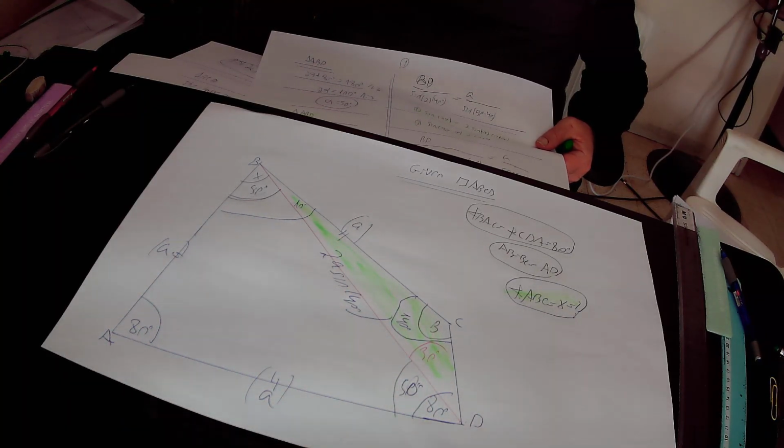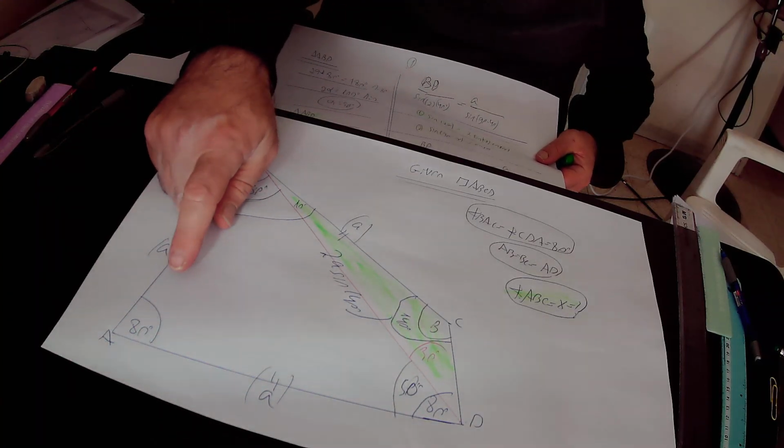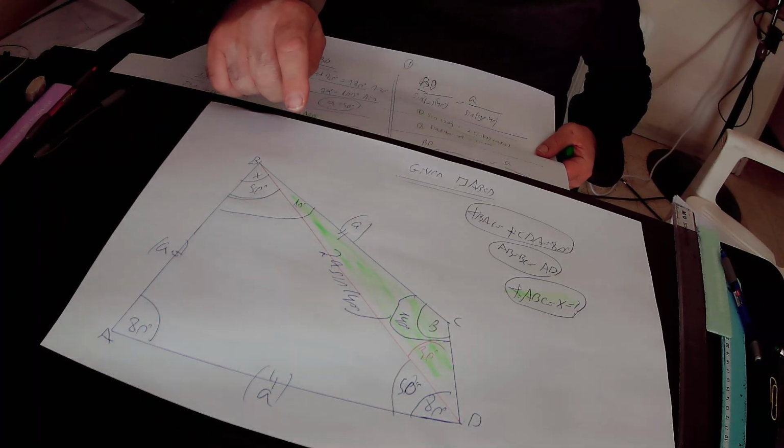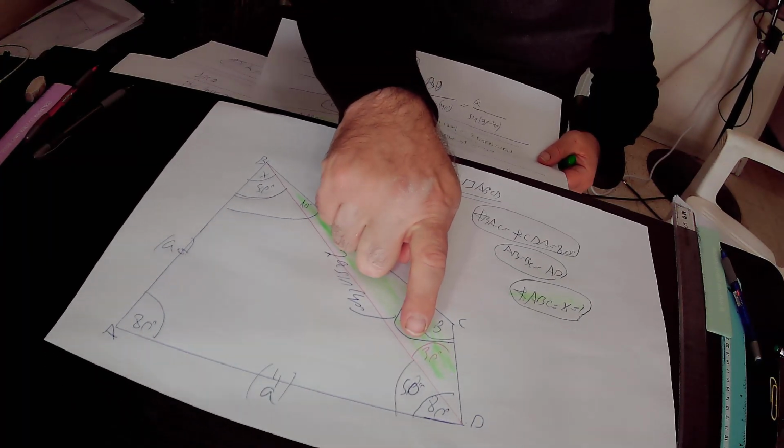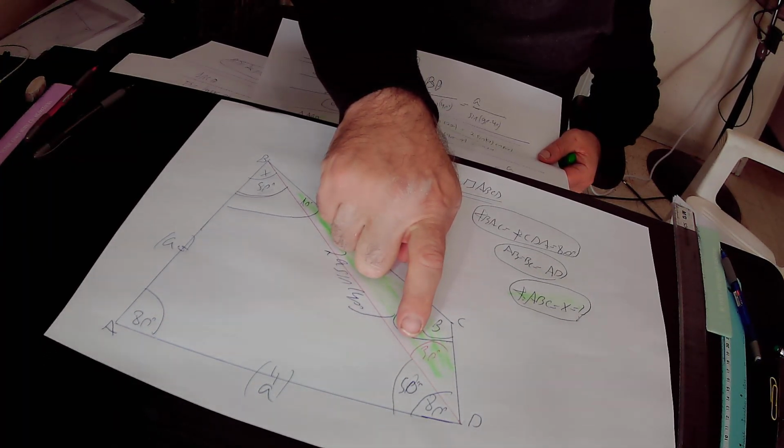In the next step, we substitute 80 degrees by 2 times 40 degrees, and we substitute 50 degrees by 90 degrees minus 40 degrees.